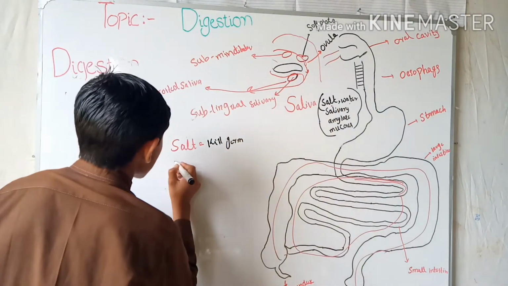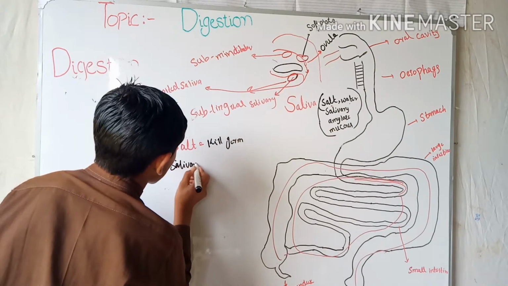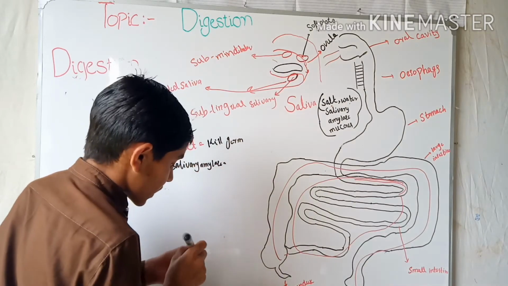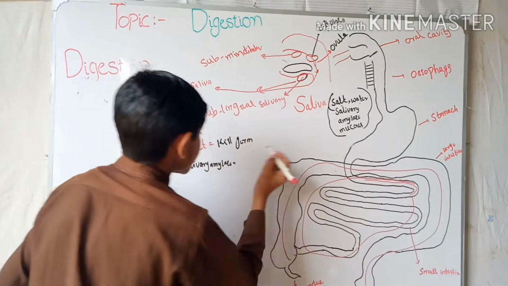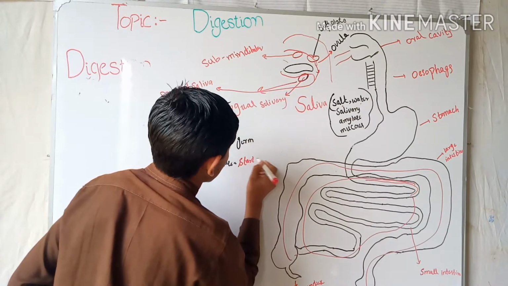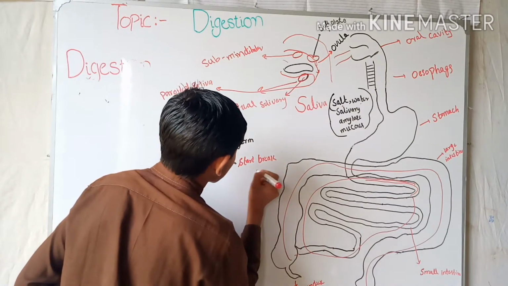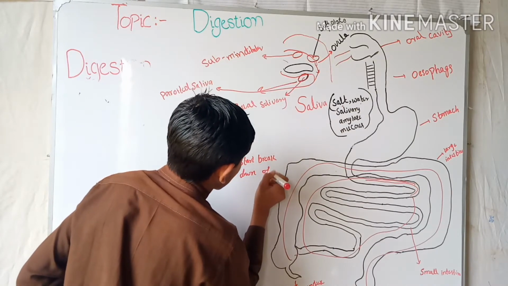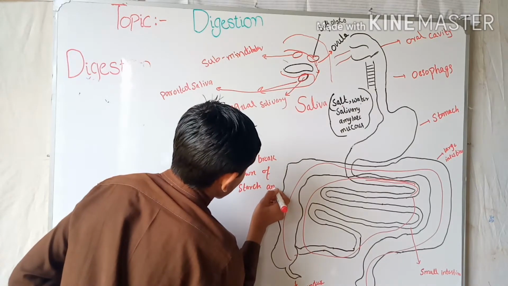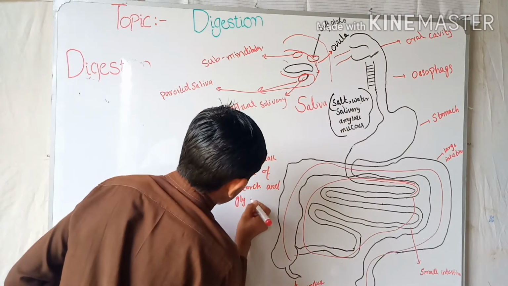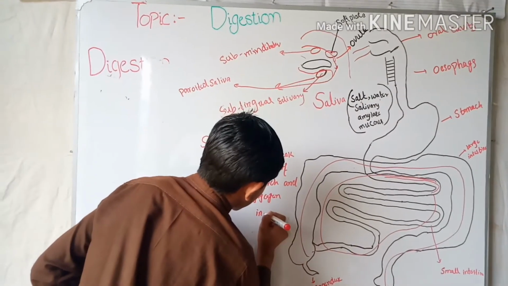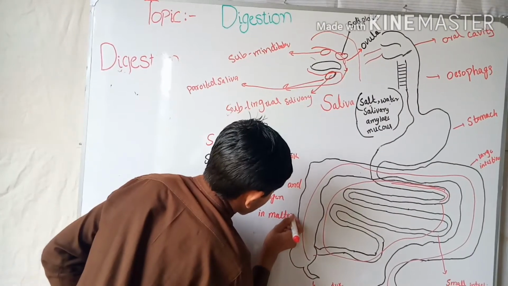Third is salivary amylase. It starts the breakdown of starch, glycogen and maltose.